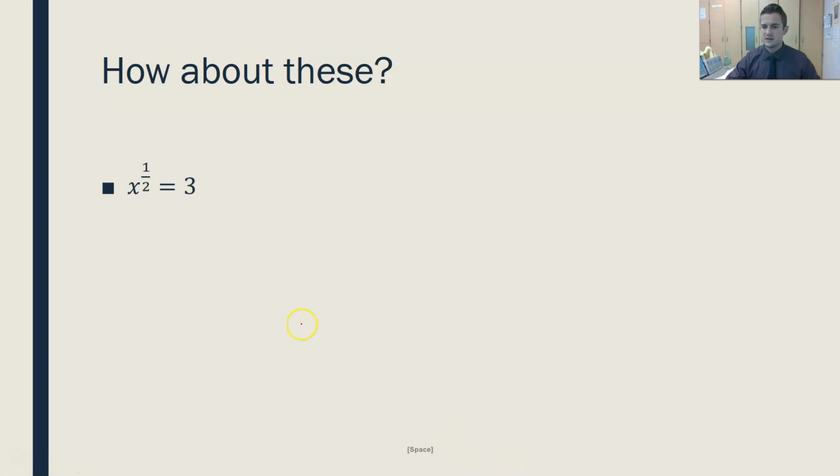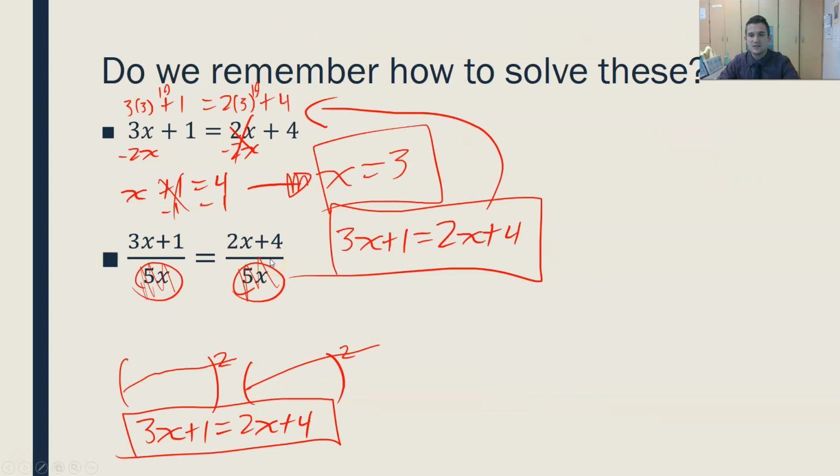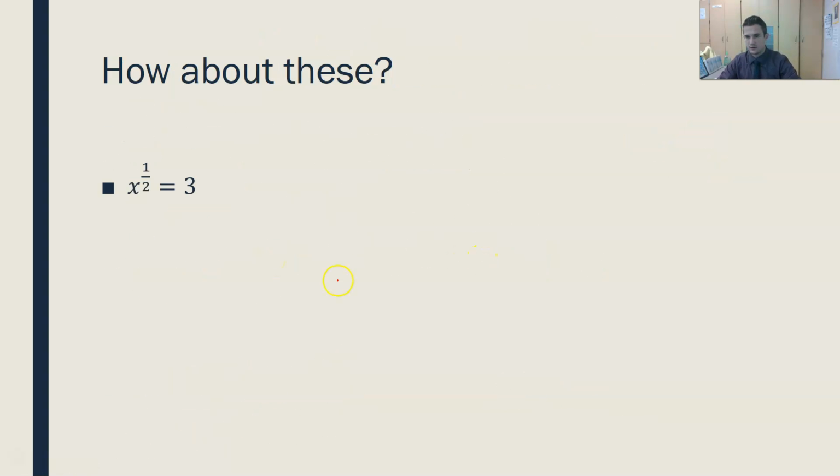How about these ones? Here I have x to the 1/2 power equals 3. So if I have x to the 1/2 power, in order to get x by itself, I don't want this exponent anymore. So if I go back here, how did I get rid of x to the 1/2 power? Well, I squared it. Just like if I had the square root of x, I get rid of the square root by squaring. I undo this exponent, x to the 1/2 power, by squaring it, taking it to the second power.